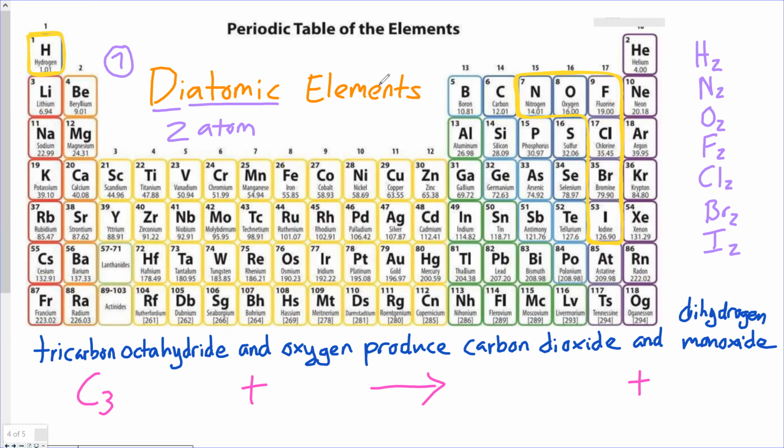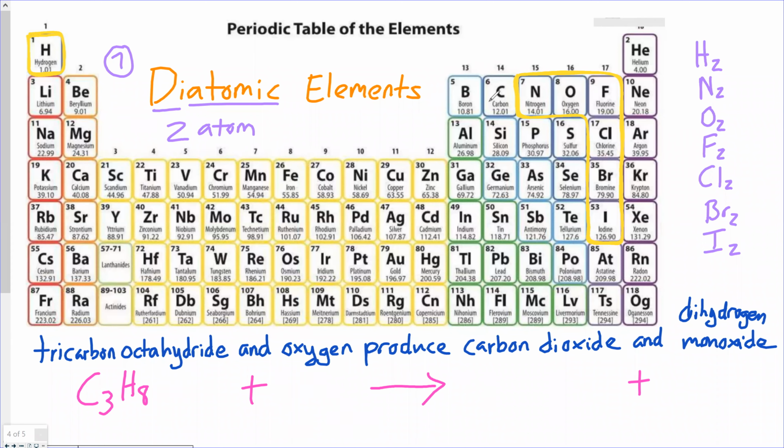Hydride. We haven't really used hydride. Any guesses though? There's one in the chat, and he is correct. That's Annis, he says C3H8. Excellent. Hydride is H for hydrogen. So C3H8, that's the tricarbon octahydride, and that's the plus sign.